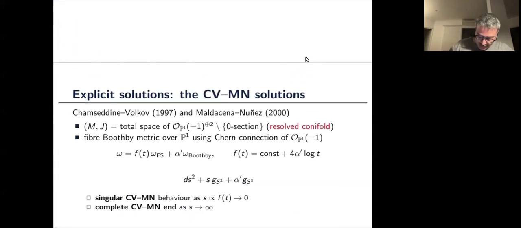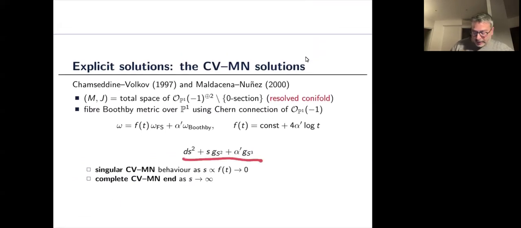To understand what this metric looks like, you can look at the Riemannian metric induced by this, and essentially f of t equal s is a geodesic distance for this metric, and then the matrix looks like something like this. Here, g_S2 is just the Fubini-Study metric on P1.